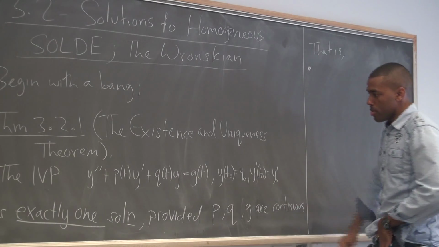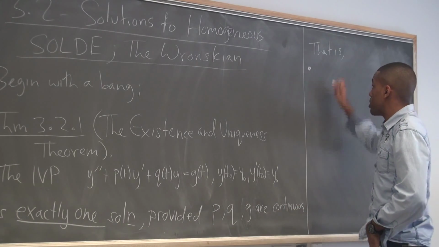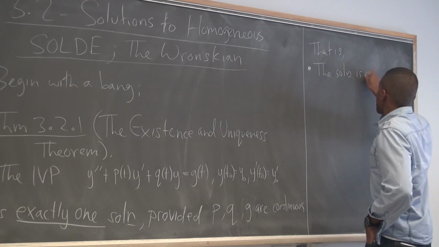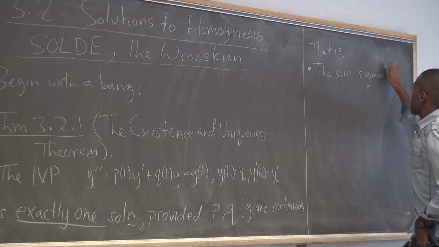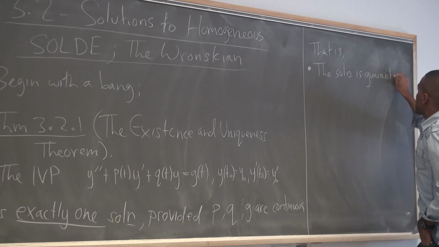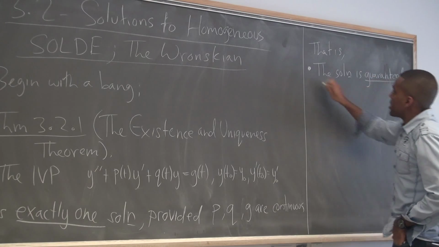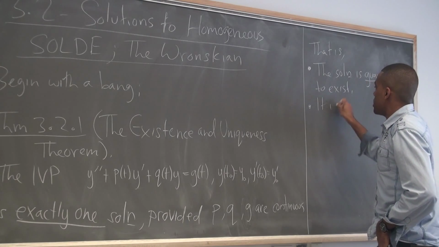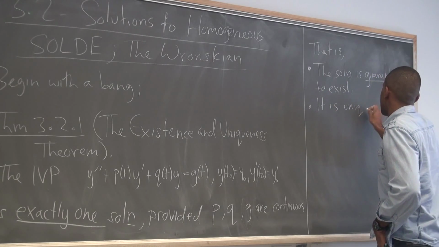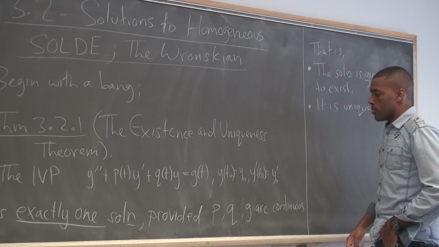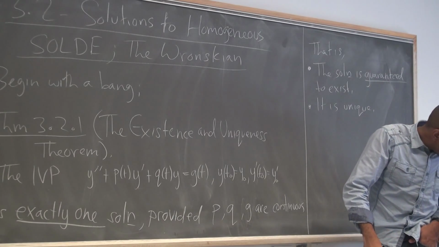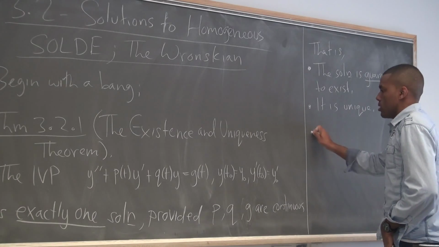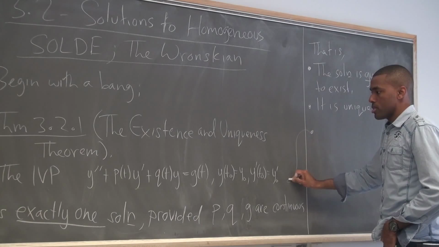That you'll always be able to find a solution to this, and there will always be exactly one, meaning one, the solution is guaranteed to exist. Two, it is unique. Furthermore, this is also mentioned in the theorem, I just forgot to write it.